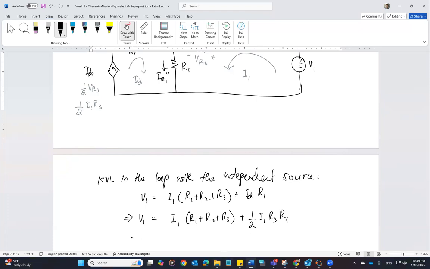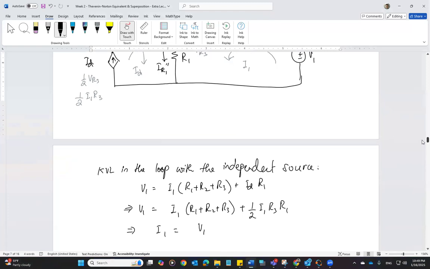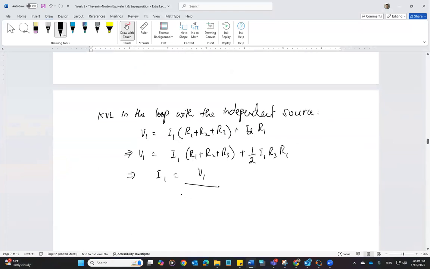So it's all I1, so we can easily find the value of I1. I1 is equal to V1 divided by (R1 plus R2 plus R3 plus half of R3 R1).